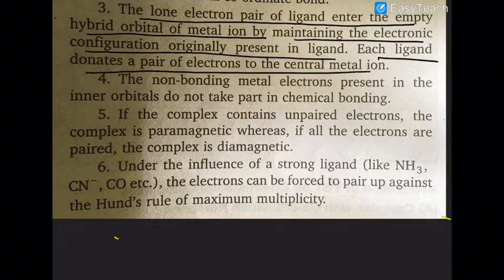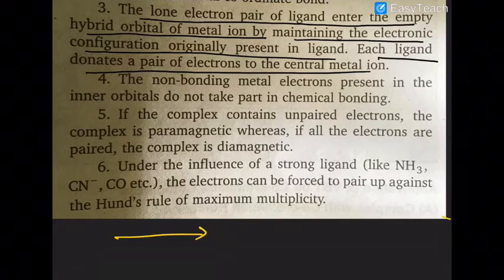It is given by an arrow because it represents the coordinate linkage. In a normal covalent bond, sharing of electrons happens: one electron from the hybrid orbital, one electron from the incoming orbital. But here both electrons are given by the ligand.